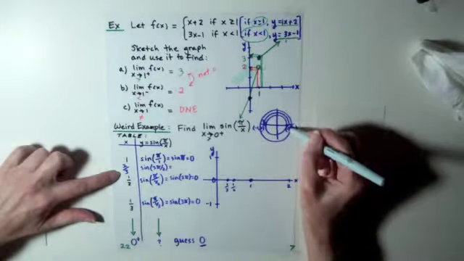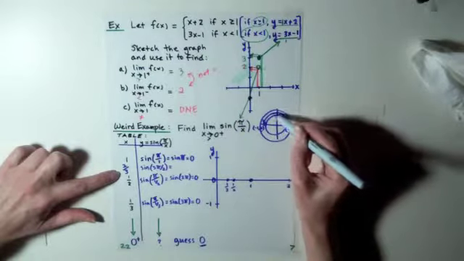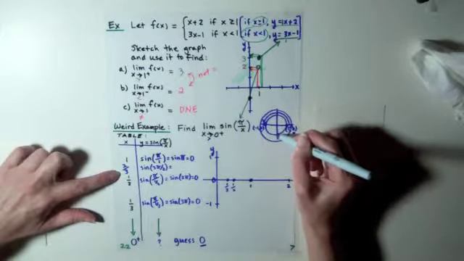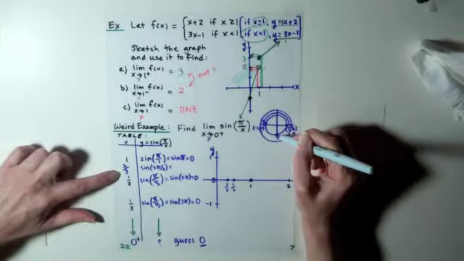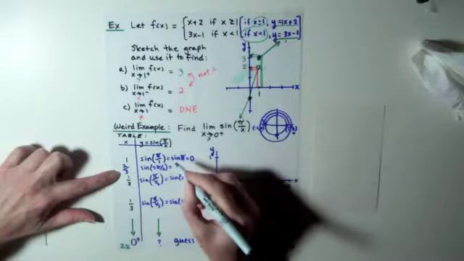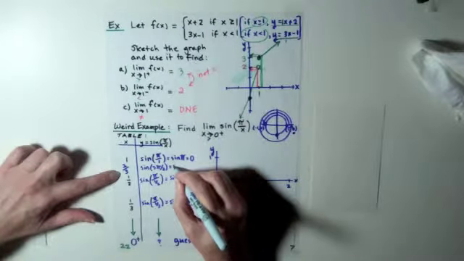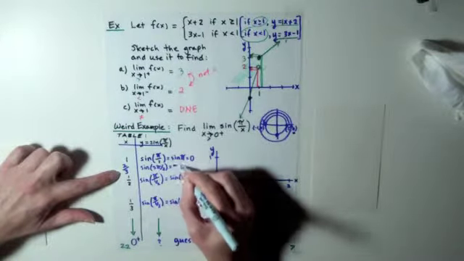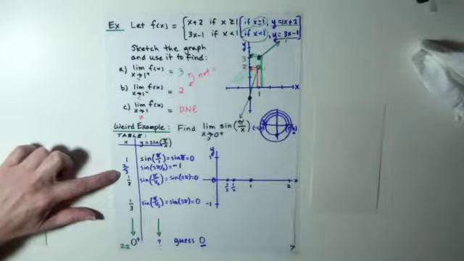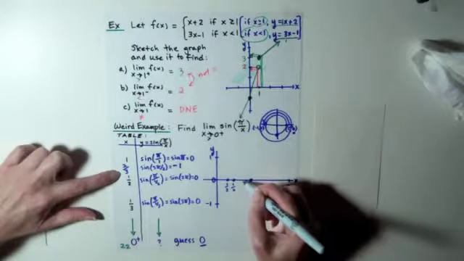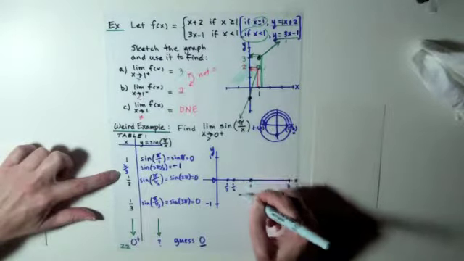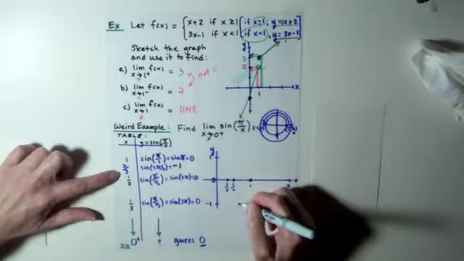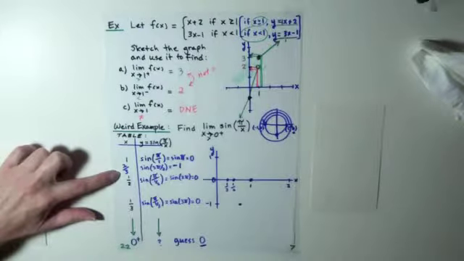Sine of 3 pi over 2, that's really sine of 270 degrees. You'd be looking at the y-coordinate of this point on the unit circle. That y-coordinate would actually be equal to -1. So sine of 3 pi over 2 turns out to be the number -1. When I plug 2/3 in, let's put it on our graph, that would be right about here, I get an output value of -1. That would be this point right here on the graph.